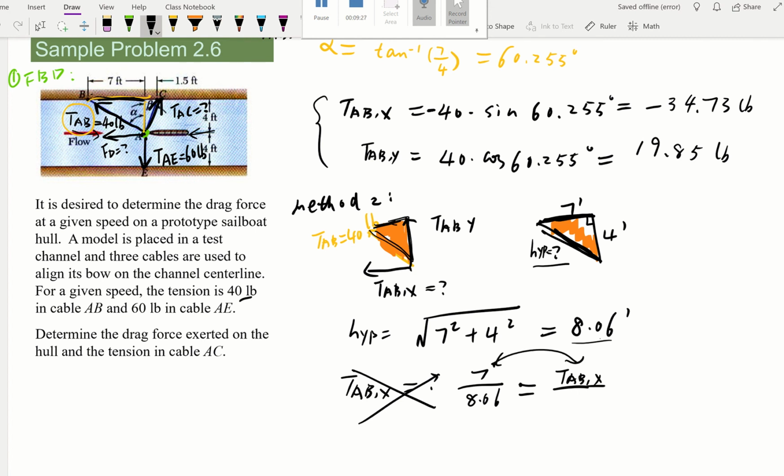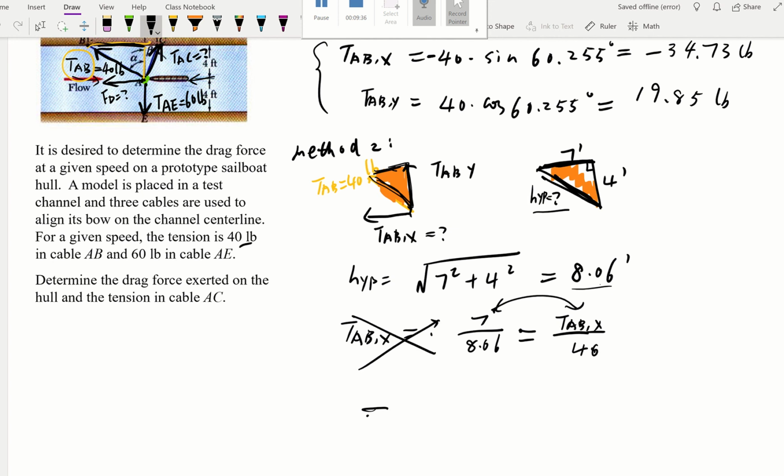They are both x direction. And the hypotenuse in this triangle is what? TAB, 40 pounds. So in the future, I can just quickly use this to solve it. TABx is going to be 40 times a fraction. What's the fraction? Horizontal, 7 foot, over hypotenuse, 8.06.